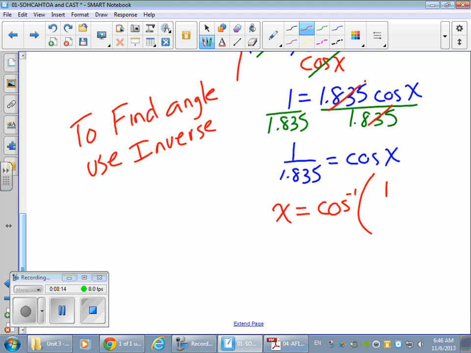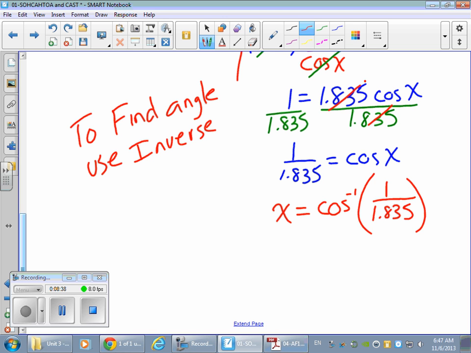With the 1.835, I would ask that you're careful not to punch that into your calculator too soon and lose your accuracy. So I want to actually do inverse cos of 1 over 1.835.